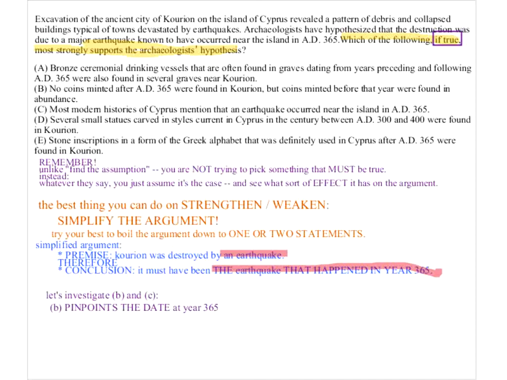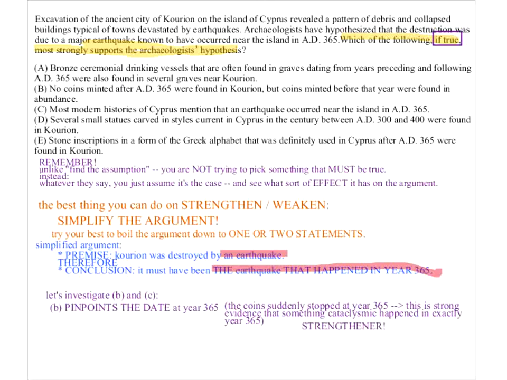You know, like basically the coins suddenly stopped at year 365. This is strong evidence that something cataclysmic happened in exactly year 365. That's a strengthener.